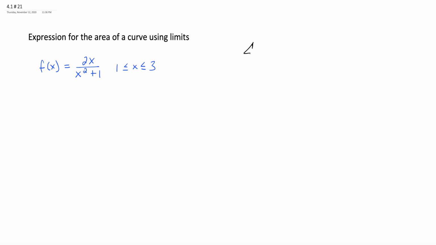It looks like this: sigma i equals 1 of f of x_i delta x, and we're doing this for n subintervals, and we're taking the limit as n goes to infinity.